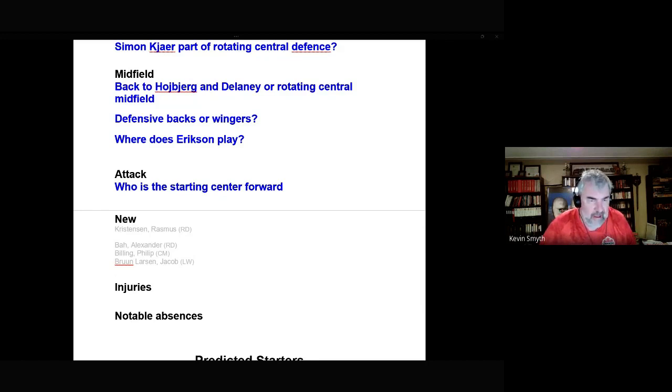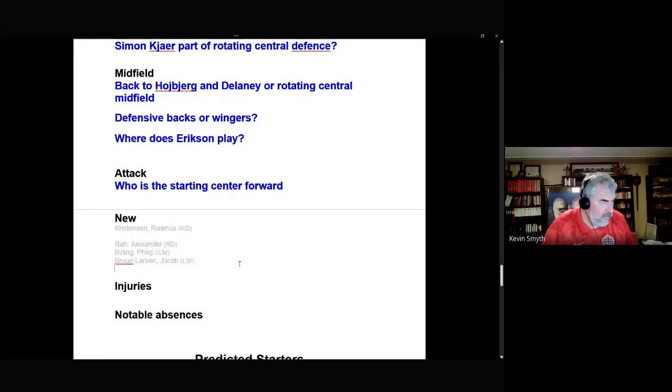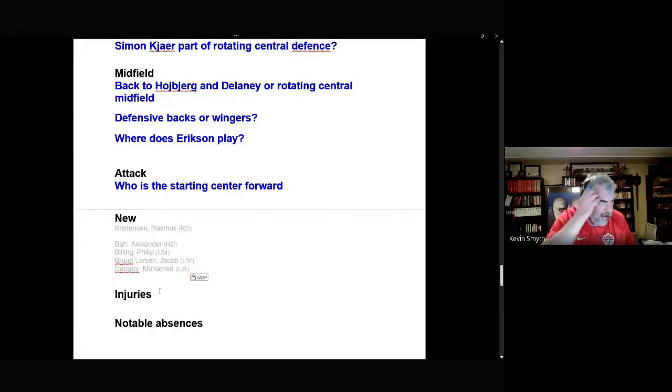But all of these have fairly good club affiliations. Alexander Bah, for example, plays for Benfica. Rasmus Christensen for Leeds United. Bruun Larsen plays for Hoffenheim, and Mohamed Daramy is with Ajax in the Netherlands.